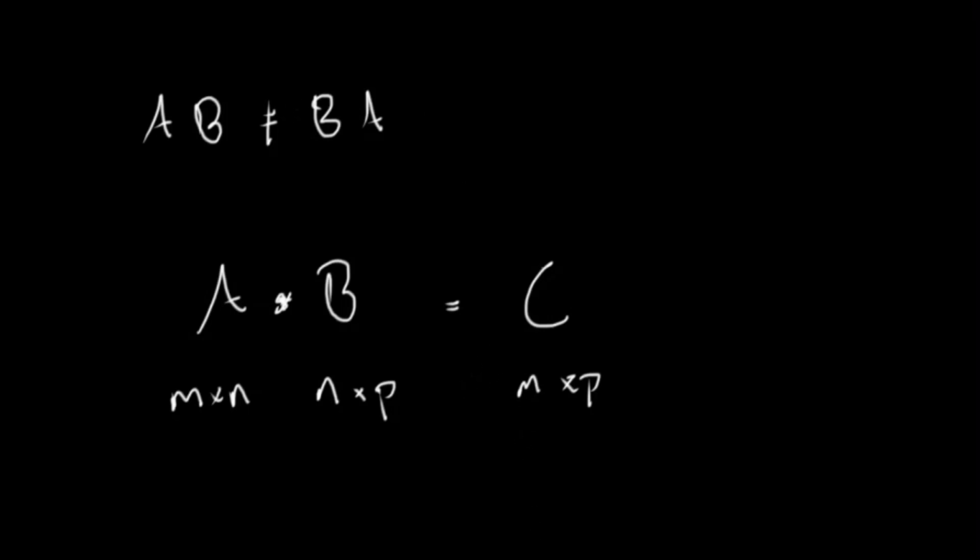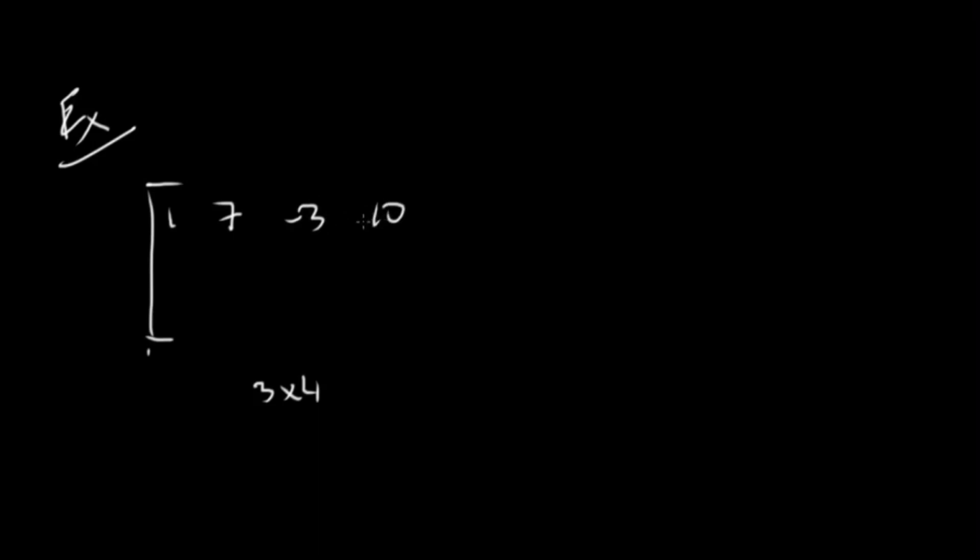All right, so let's get a simpler example in. Let's move on from word problem land. So, example. Here's a matrix. It's going to be 3 by 4. And I'm going to have 1, 7, negative 3, 10. 0, 6, 5, negative 2.